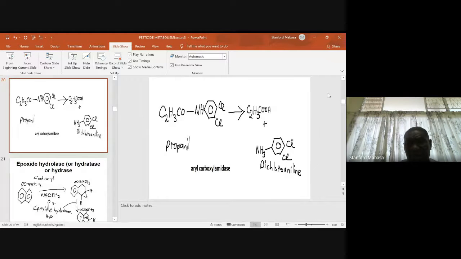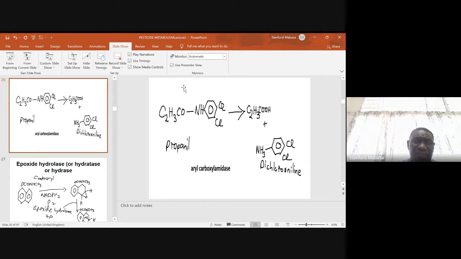So this is our propanil, which is split into this part here. Then it forms this acid plus this bit of the pesticide.